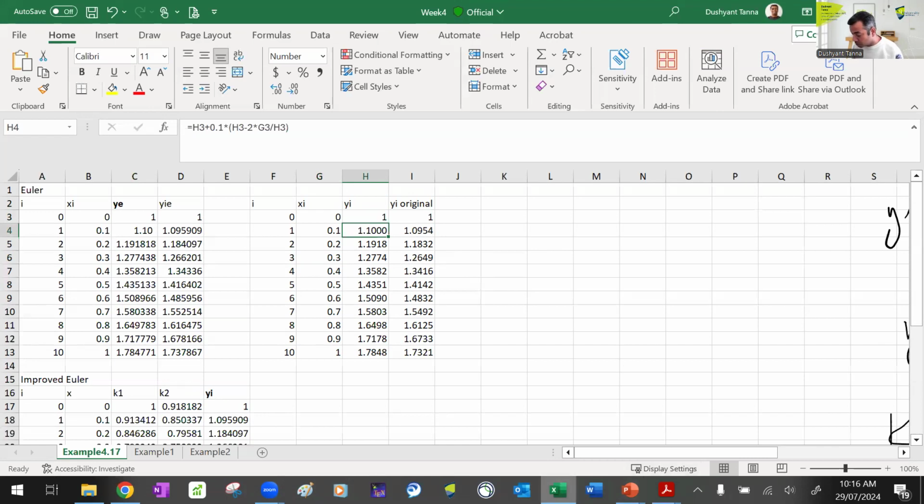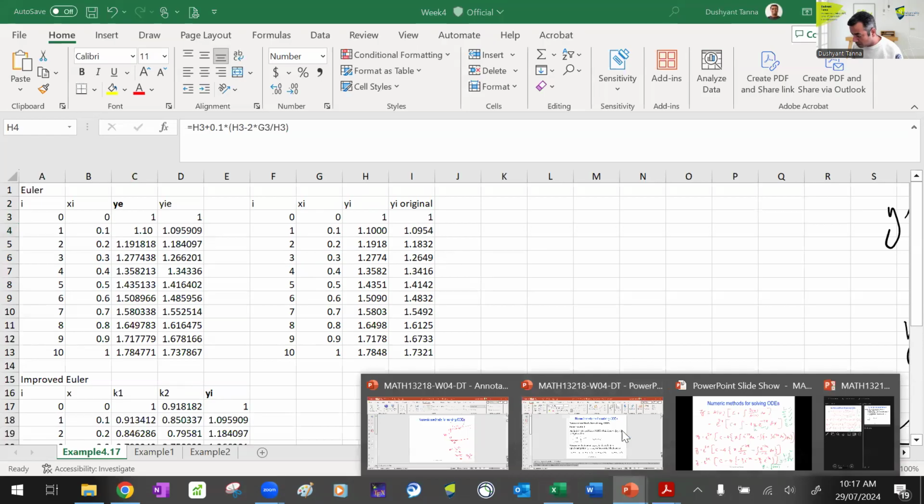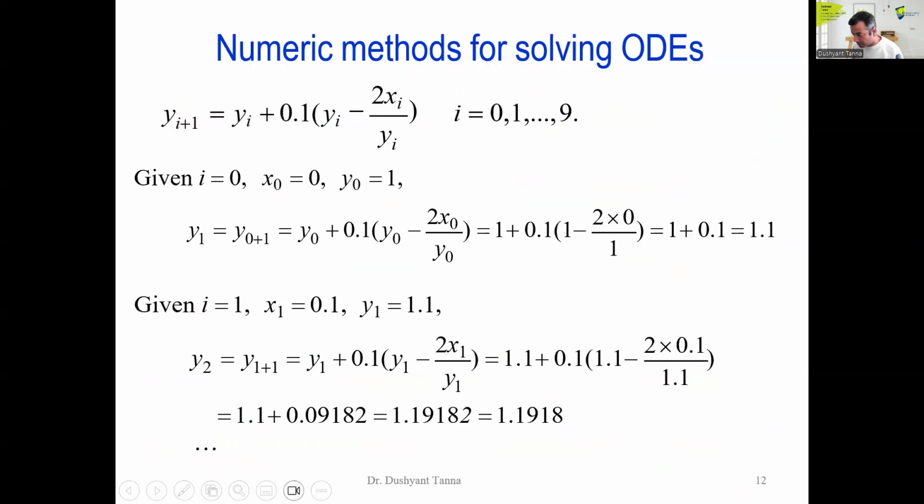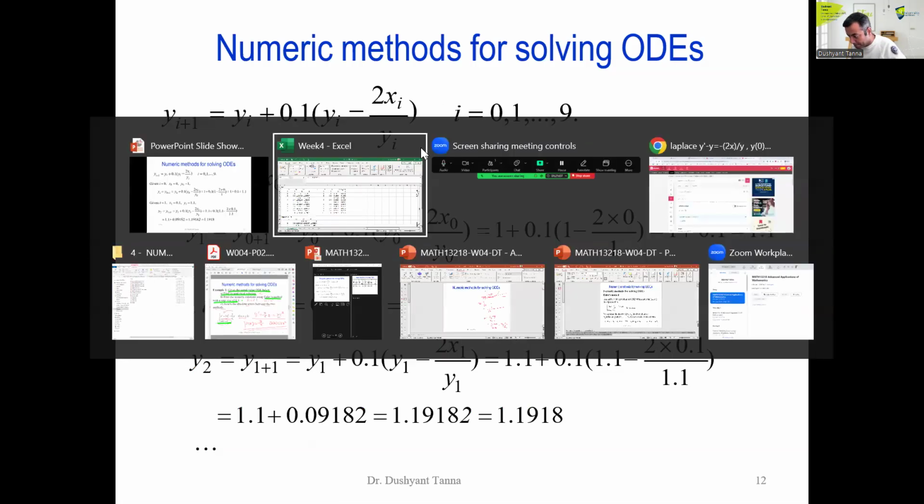From our solution here, your yi plus 1 is yi plus h times yi minus 2xi over yi.